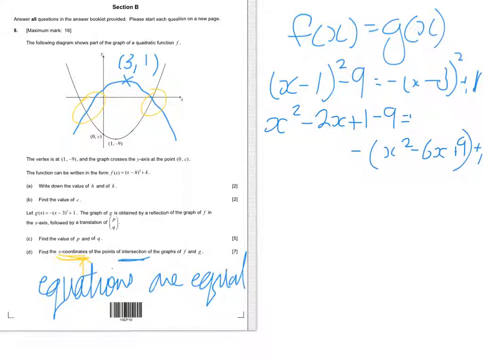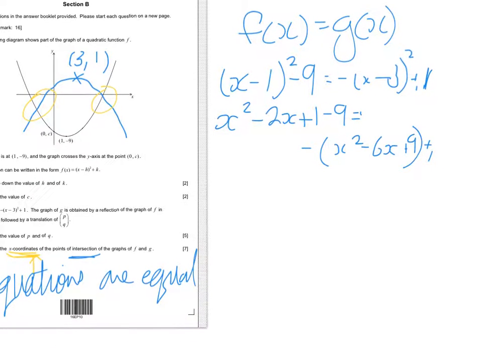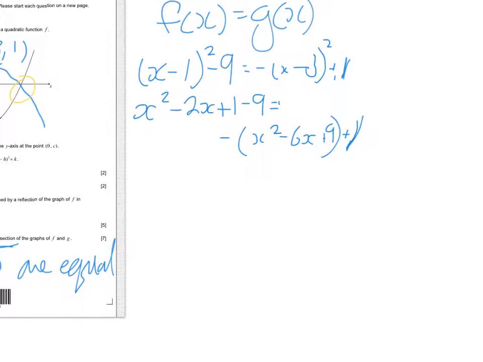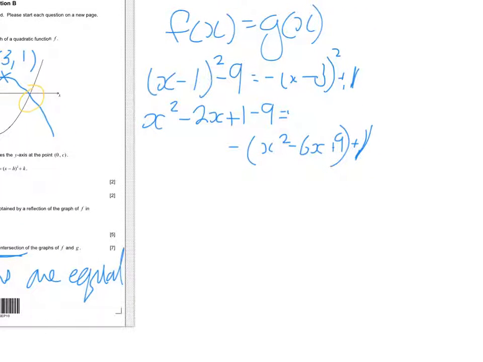So x squared minus 2x plus 1 minus 9 is equal to minus brackets x squared minus 6x plus 9 close brackets plus 1. I'm going to take that minus sign through.